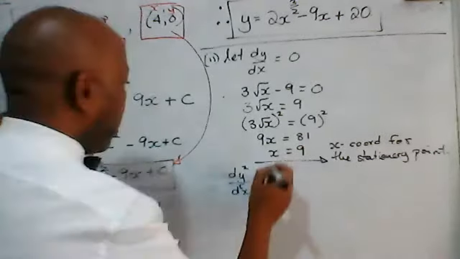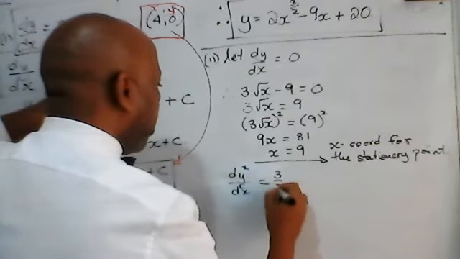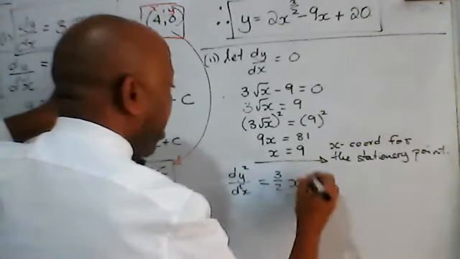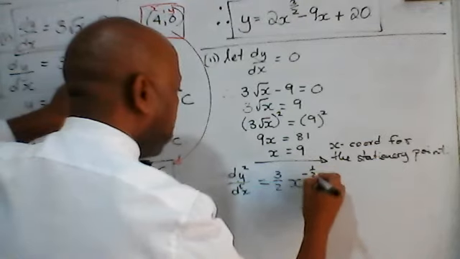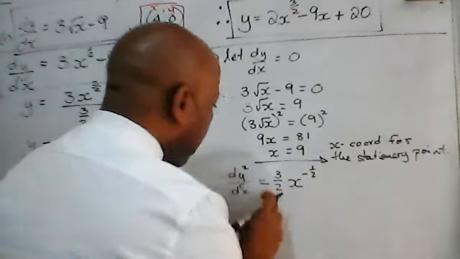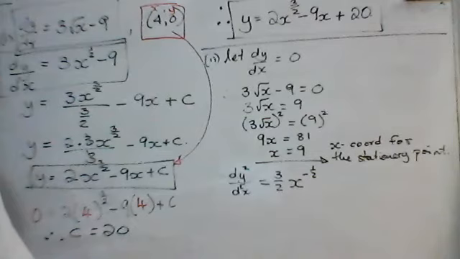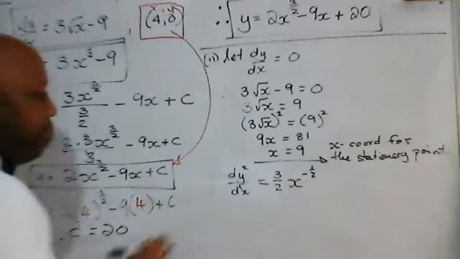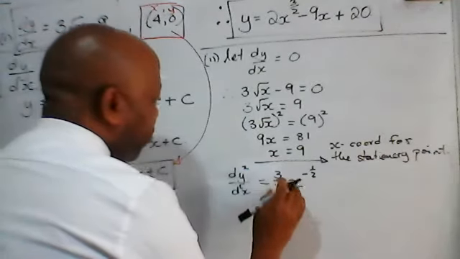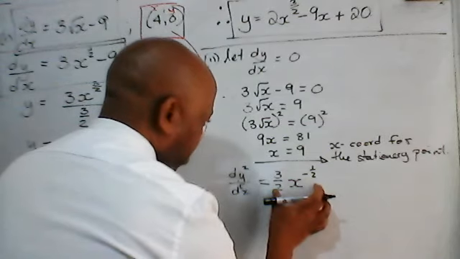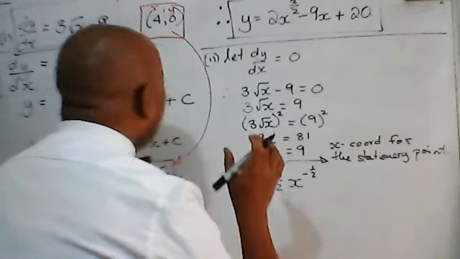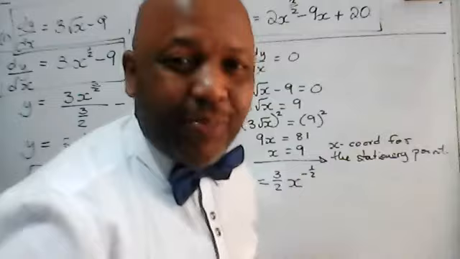Differentiating this function will give us 3 over 2 x to the power negative 1 over 2. That's d2y/dx squared. Now let this be equal to 0. Oh, sorry, my bad. You don't let it be equal to 0.